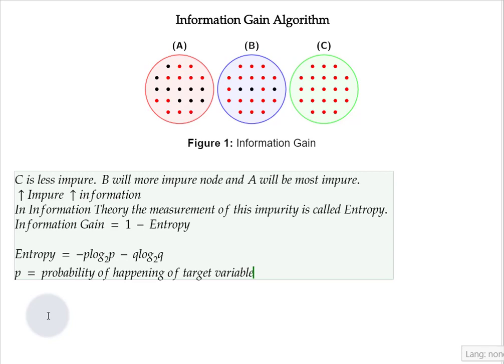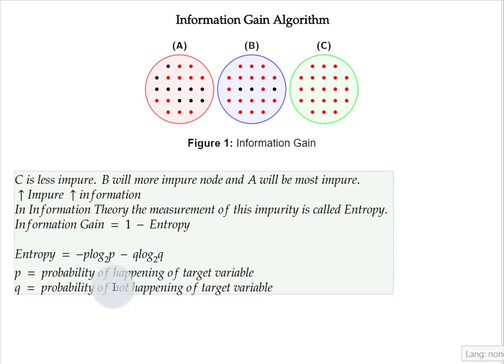And q will be the probability of not happening of the target variable. So q is just the opposite of p, so I can write q is equal to 1 minus p.